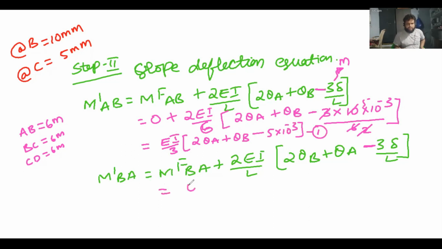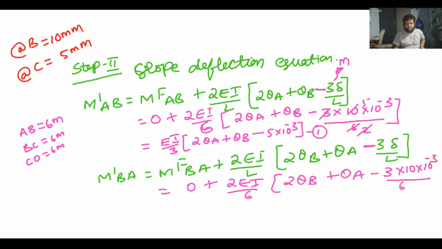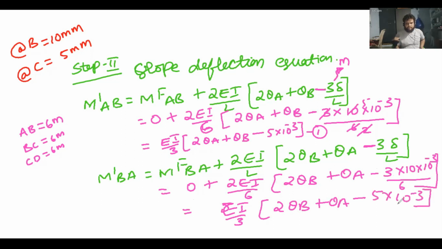Similarly, this is 0 plus 2EI by 6 times 2 theta B plus theta A minus 3, same story, 3 into 10 into 10 to the power of minus 3 by 6. So this will become EI by 3 into 2 theta B plus theta A minus 5 into 10 to the power of minus 3. This is equation number 2.